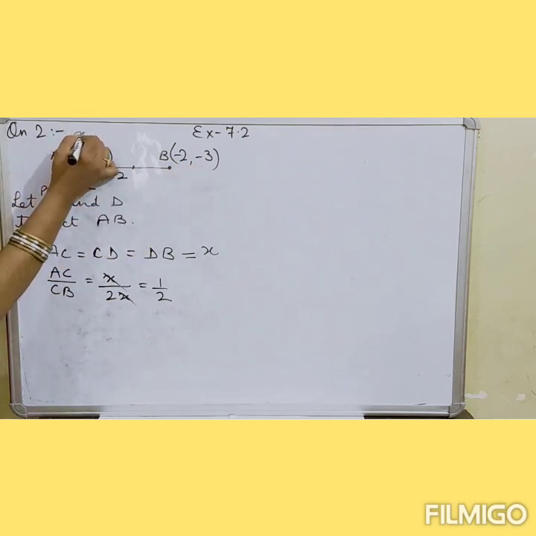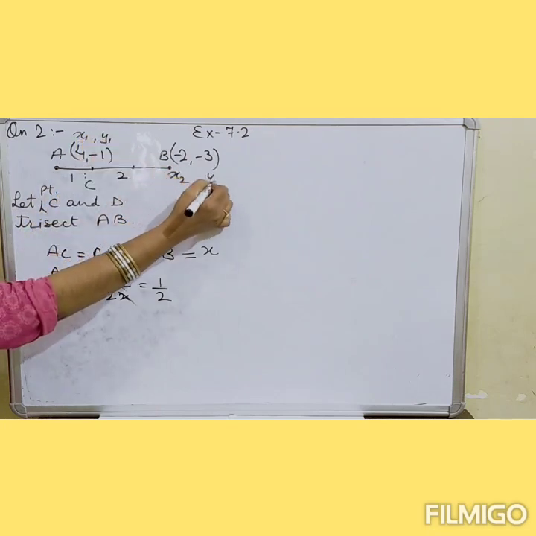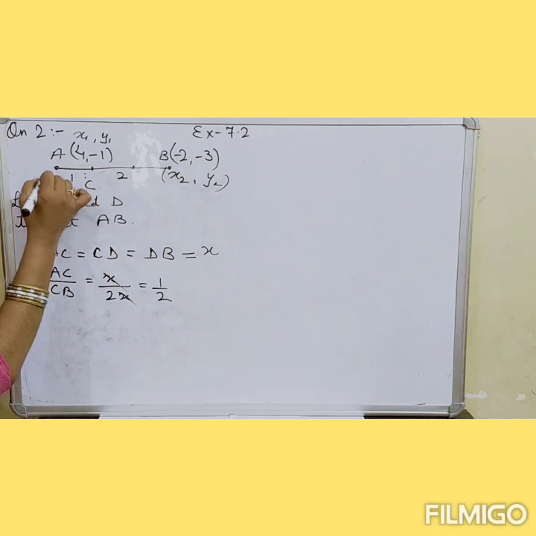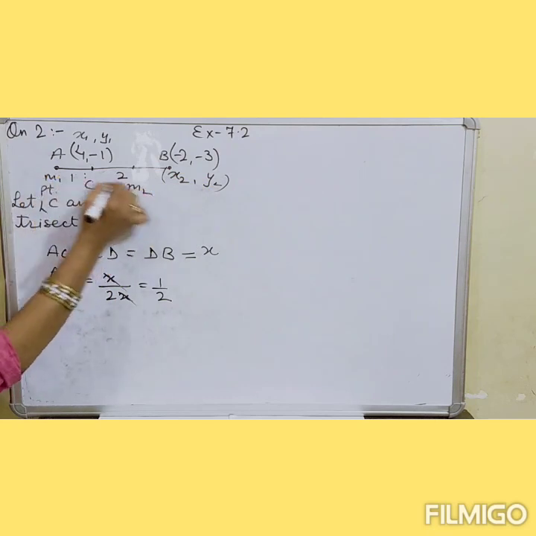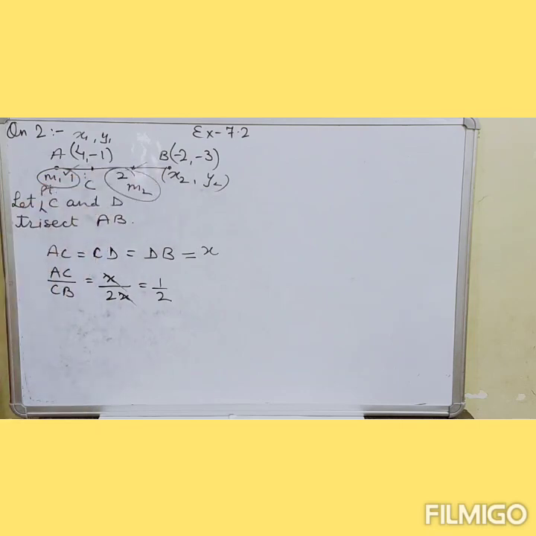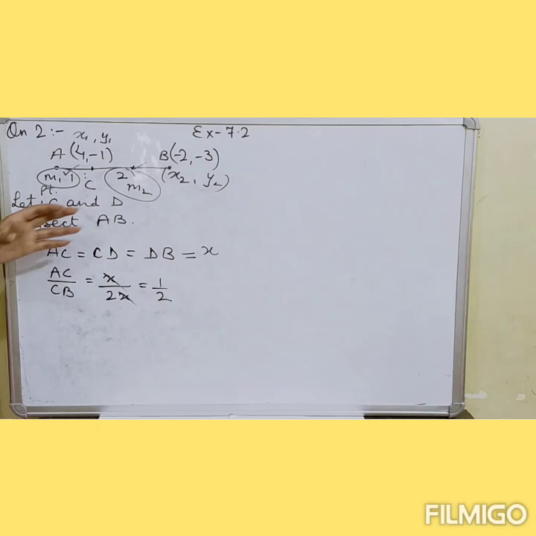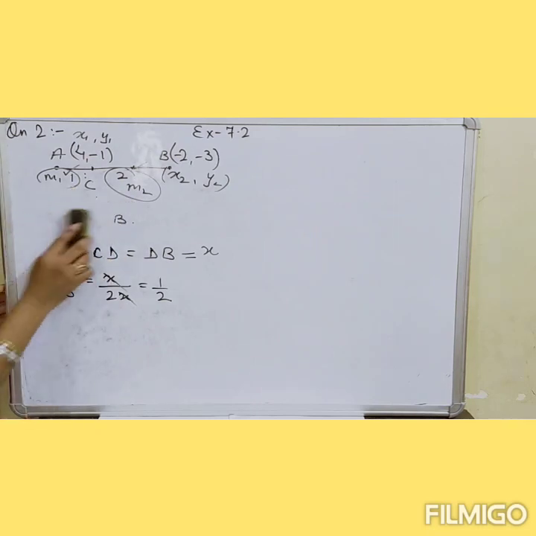So I will write it here, x1, y1, x2, y2, and this is m1 and m2. I have written this just for your sake so that you can apply the values in the formula easily. Now we'll have to find out the value of C by using section formula.